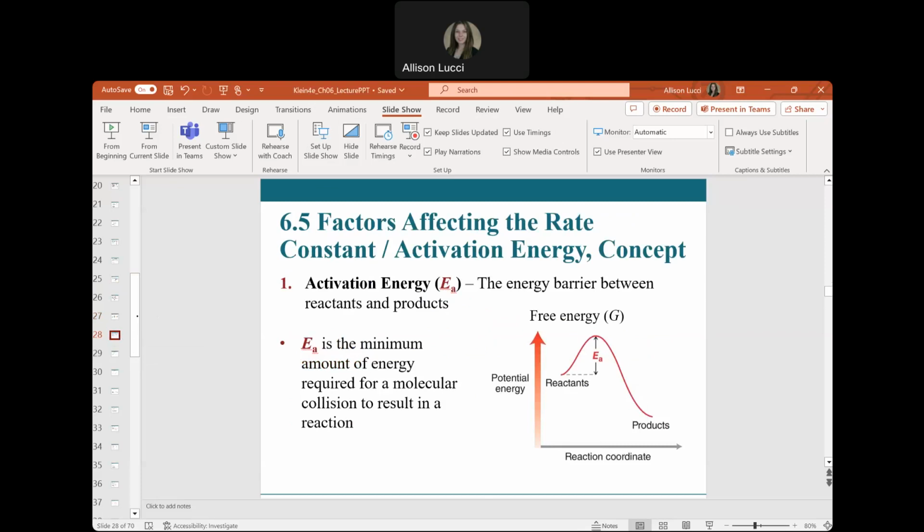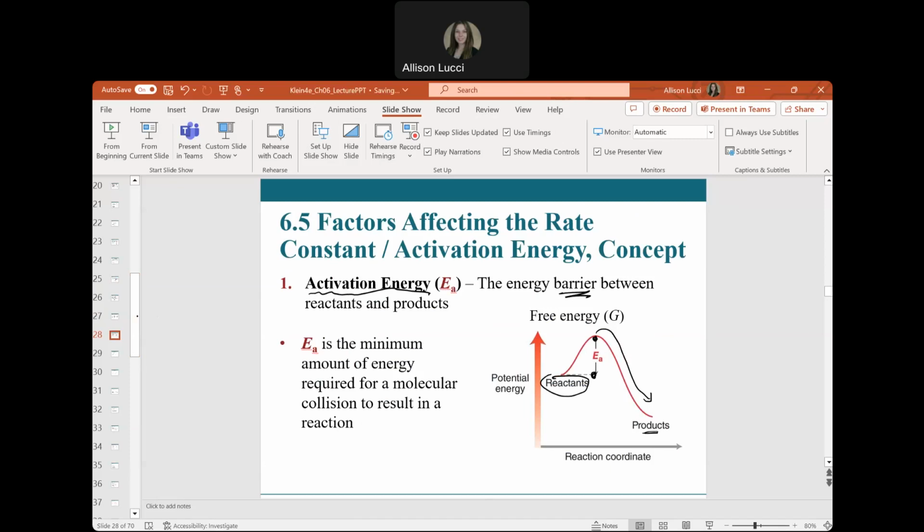So we've talked about this in the past, this activation energy. This is another way of saying what's the barrier between our reactants and when they can turn into our product, right? When these molecules change. So this activation energy, this difference, can be considered a barrier between the reactants turning into product.